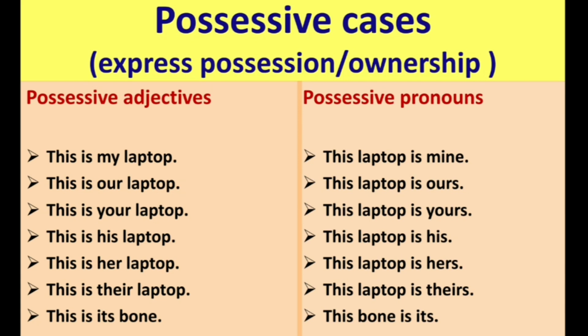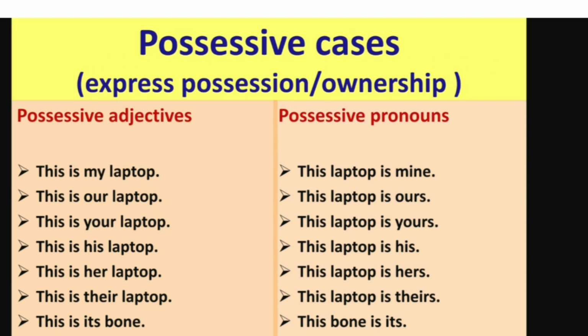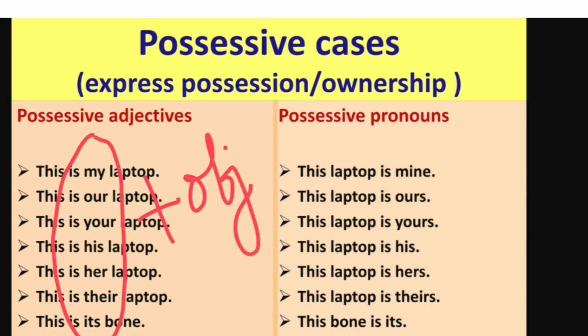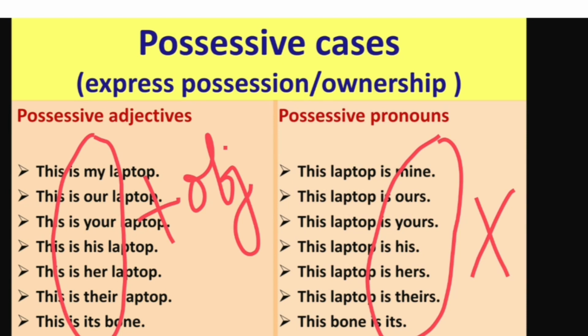This is their laptop. This laptop is theirs. This is its bone. This bone is its. Are these clear now? I repeat, with these words we should add objects, and with these words we should not add any objects.